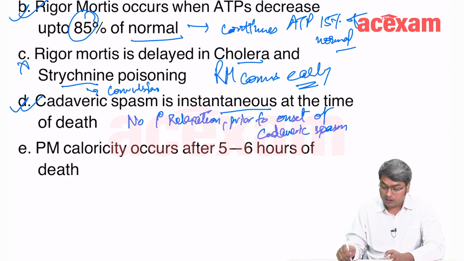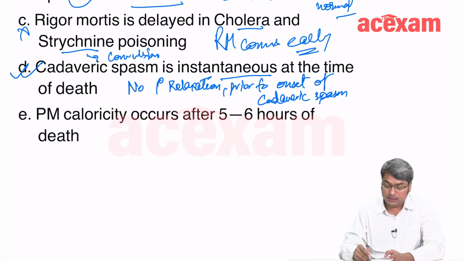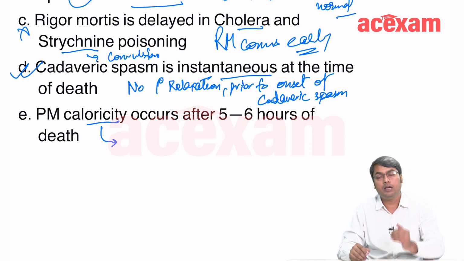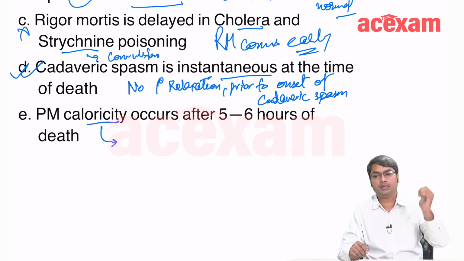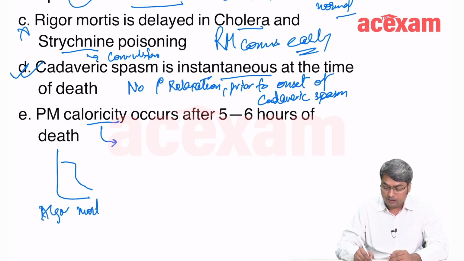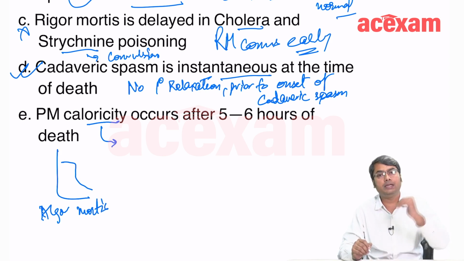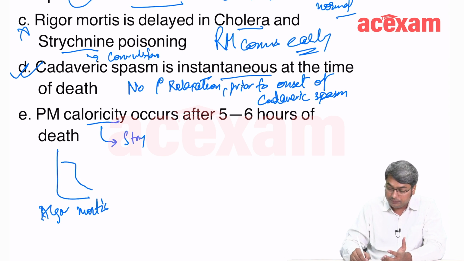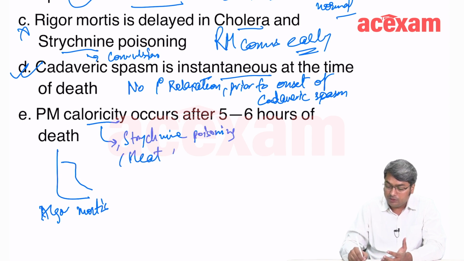PM caloricity occurs after 5 to 6 hours of death. PM caloricity is the process where, normally, after death the body's temperature is decreasing. We know that it is a sigmoid curve. So, normally the temperature of the body after death decreases. But in postmortem caloricity, for example, in strychnine poisoning or in heat stroke, the temperature of the body will immediately increase after death.